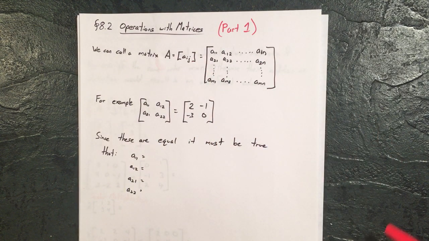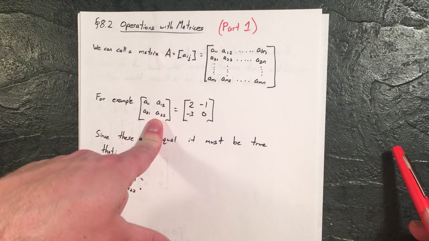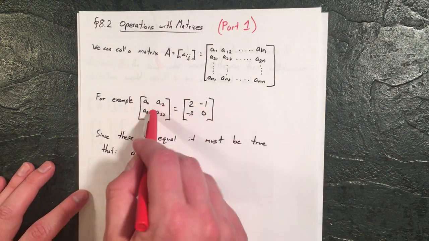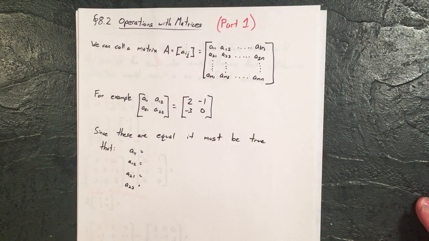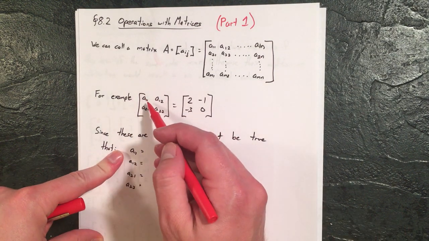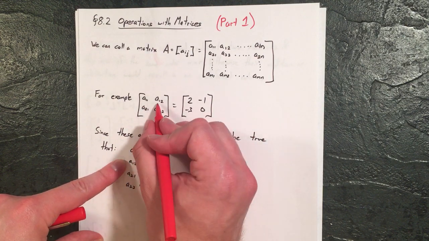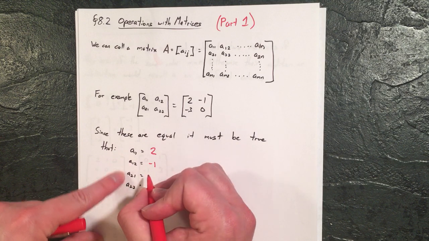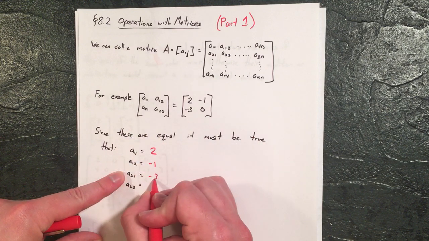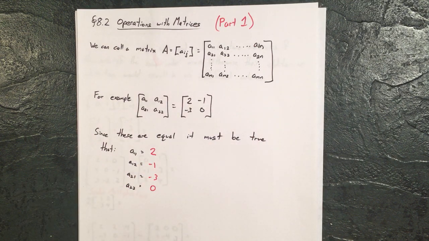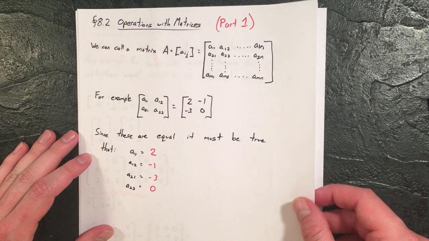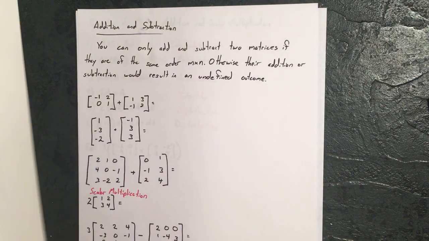So for example, if we have a little 2 by 2 square matrix here, and we were told that these two matrices are in fact equal to one another, the only way that could be is if that first term A11 would actually be 2. That means A12 would have to be this -1, A21 is -3, and A22 is 0. These may seem like no-duh statements, but it is important to have that understanding moving forward in the rest of what we're going to be looking at here.